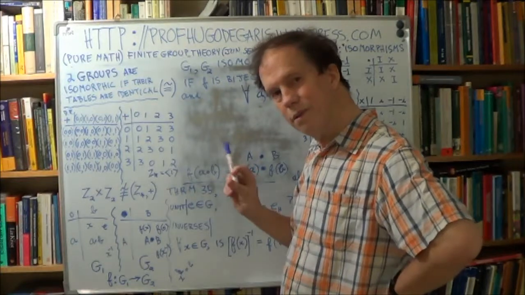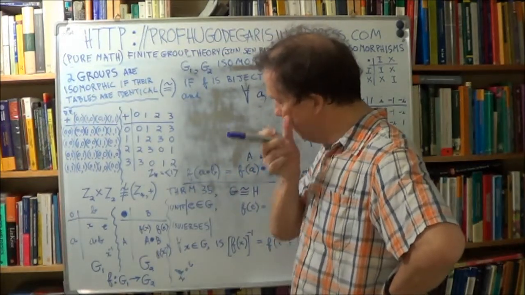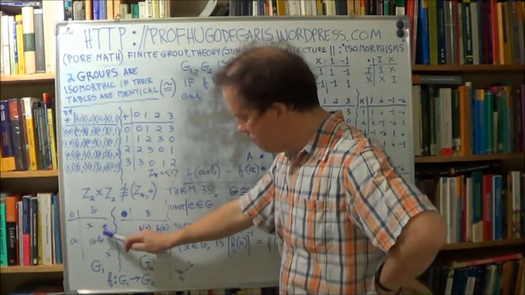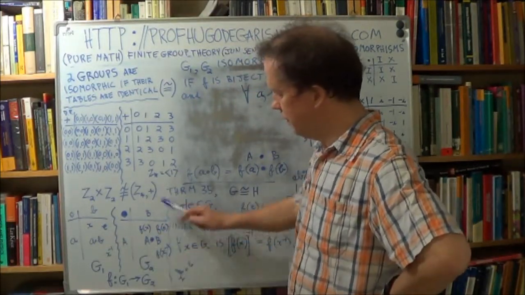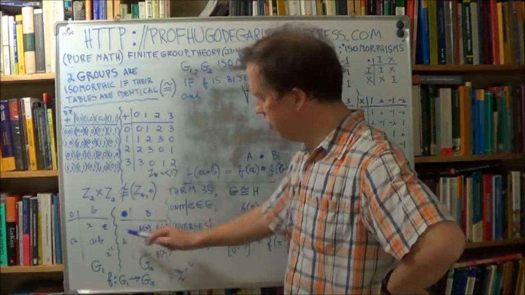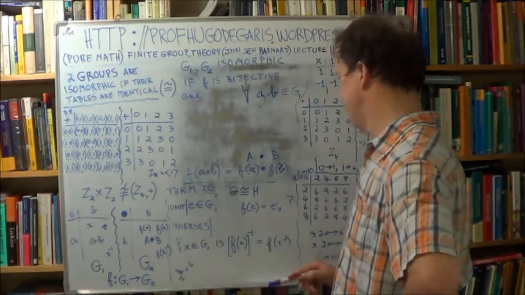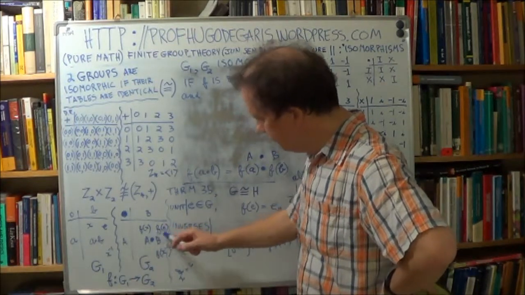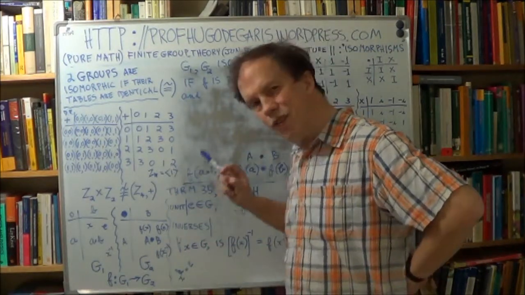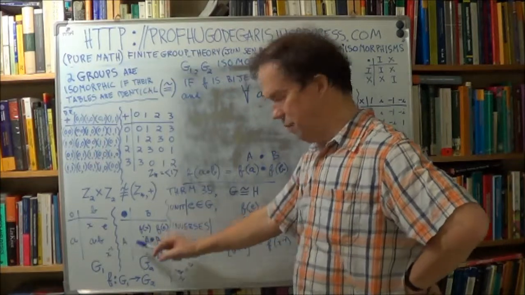It's not obvious, right? So I'll say it again. Map this unit of this group into this second group. So this e will map to f of e. Okay? And the question is, what you get here, this f of e, is it the unit of this group?